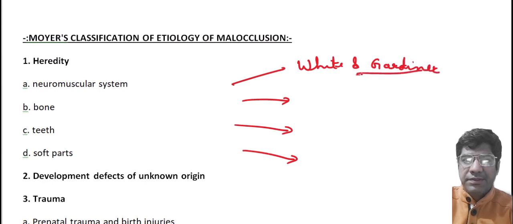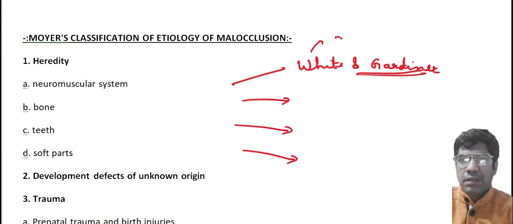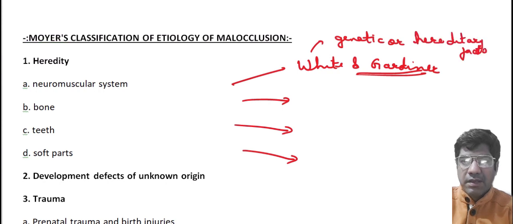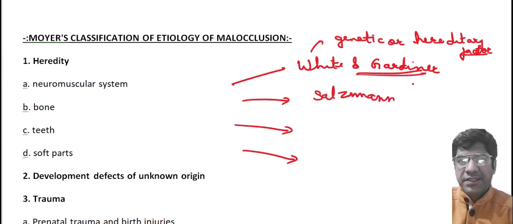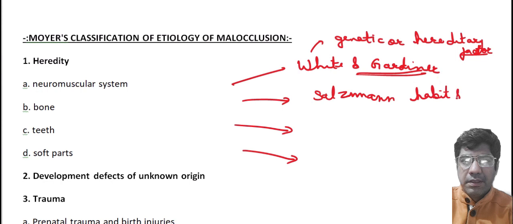This classification primarily focuses on the genetic or hereditary factors. Second is the Salzmann classification, which includes the factors related to habit and environment.